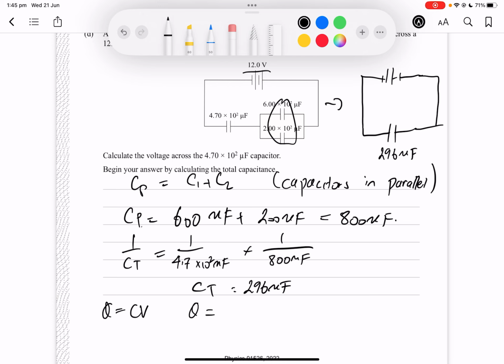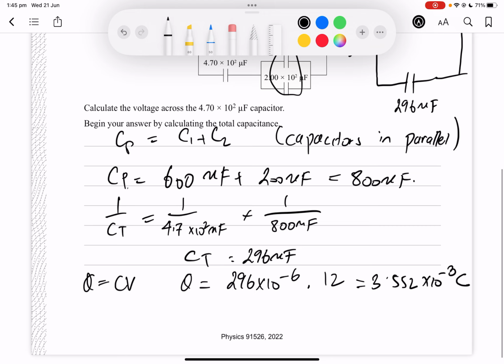Therefore, Q equals 296 times 10 to the power of negative 6 times 12. That equals 3.552 times 10 to the power of negative 3 coulombs. I'm so sorry about that, my mind just blanked.